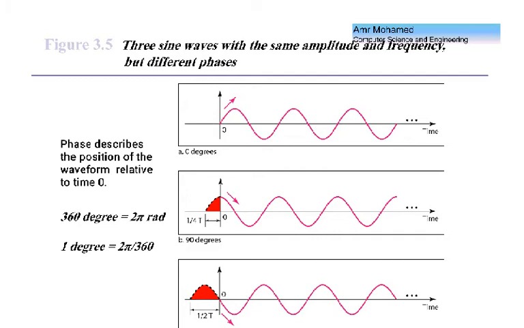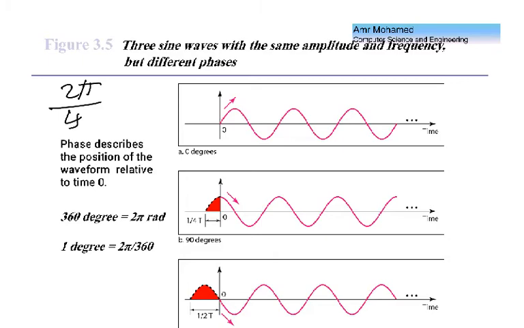A cycle here we represent in radians using 2 pi. So this is shifted left by 2 pi over 4, or pi over 2, or in degrees it would be 90 degrees. So this signal is shifted by 90 degrees, or by pi over 2. Okay?